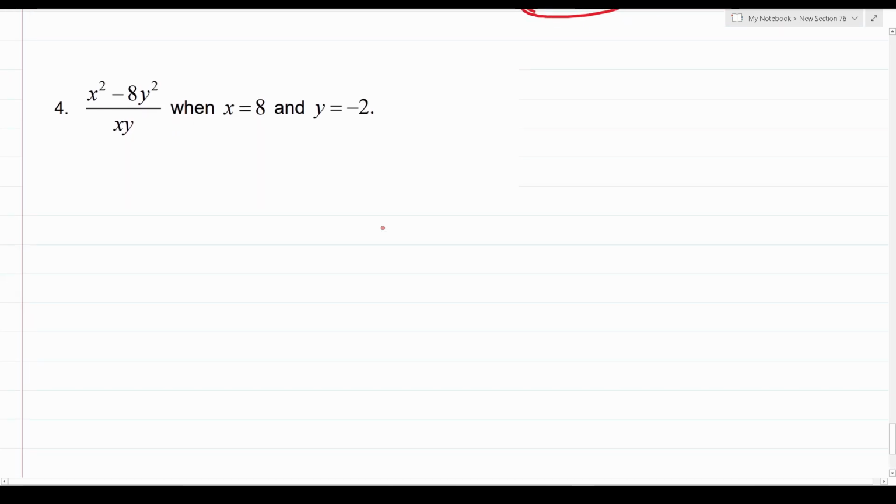And this is the last problem in the video, so let's go ahead and work on it. Again, we're evaluating this expression when x is 8 and y is negative 2. And as we can see, our expression is x squared minus 8y squared all over xy. And again, we're letting x be 8 and y be negative 2.